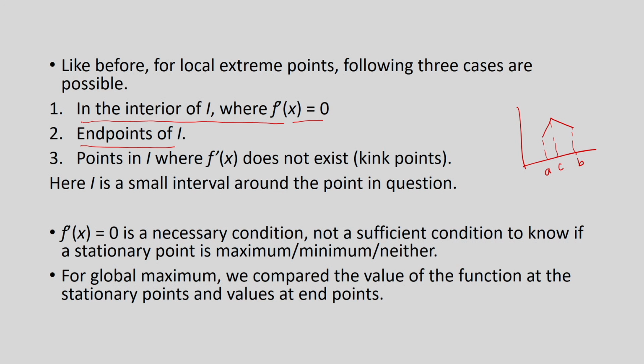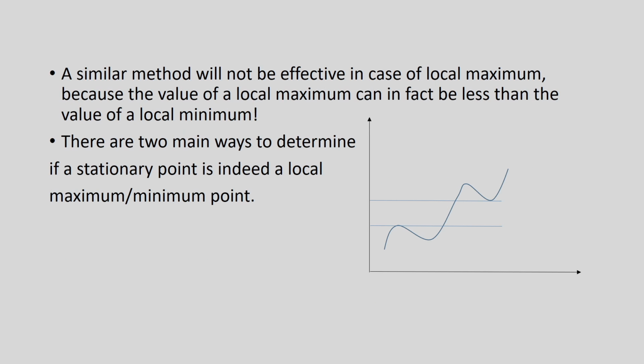For global maximum, we compared the value of the function at the stationary points and the values at the endpoints of the domain, but that method will not be effective in the case of local maximum or minimum, because the value of a local maximum can in fact be less than the value of a local minimum.